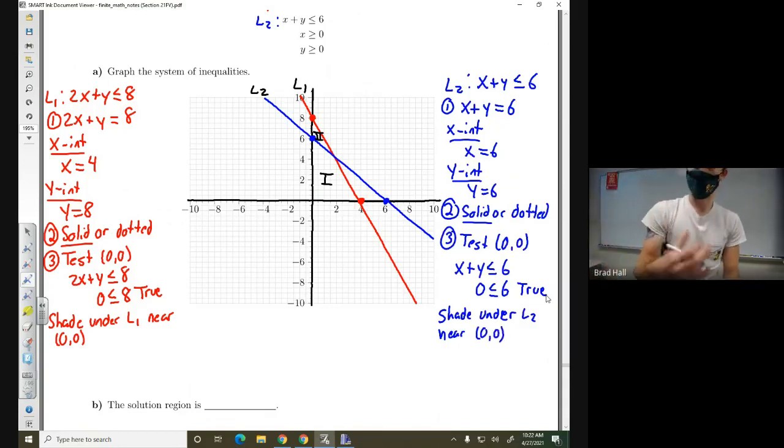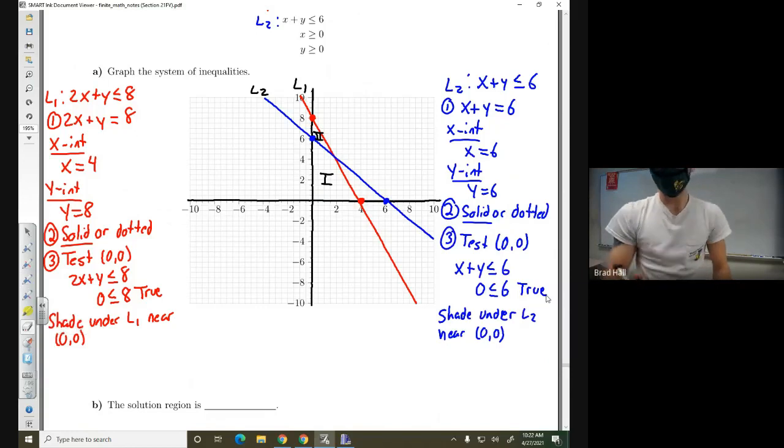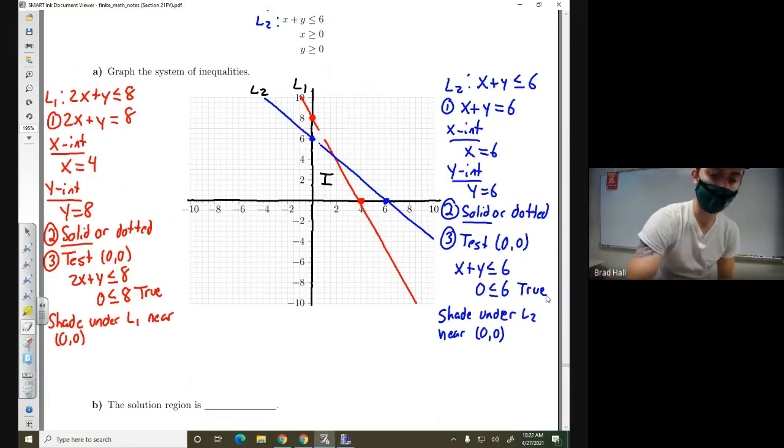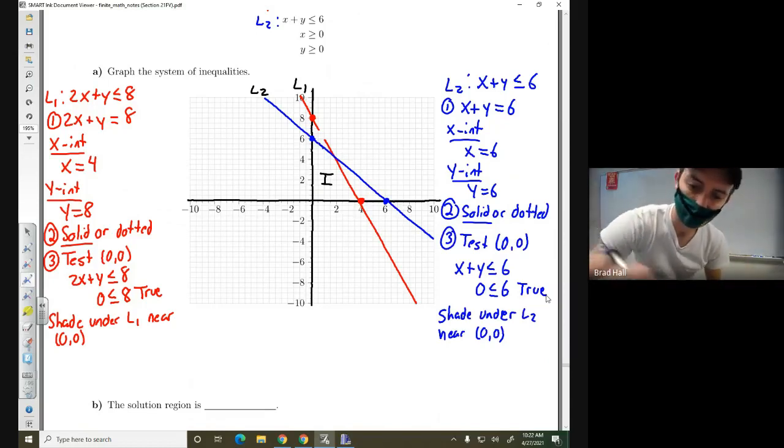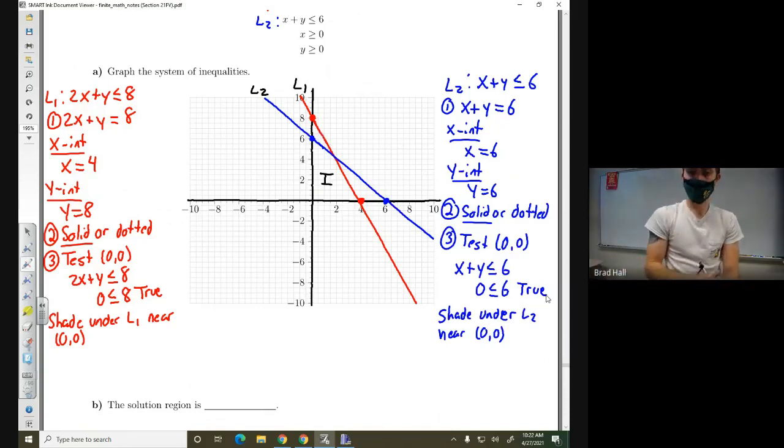So we shade under the blue line, which means we get rid of that second region we had. And we're left with region 1, because that is the region that is closest to 0, 0 for both shading situations. So that's the region we shade down here.